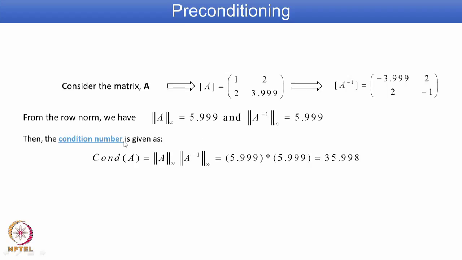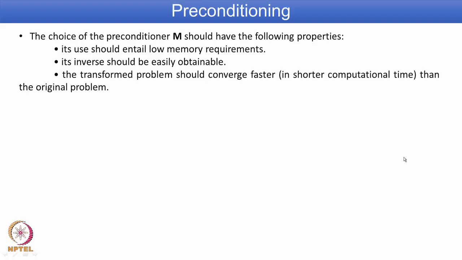Now, the condition number is the product of the RowSum norms of both matrices. So, as defined here, the condition number of matrix A is equal to the RowSum norm of the original matrix multiplied by the RowSum norm of the inverse matrix. So, we substitute the values and we get the value as 35.998. So, we explained with the help of an example the coefficient matrix, RowSum norm and how to get the condition number.